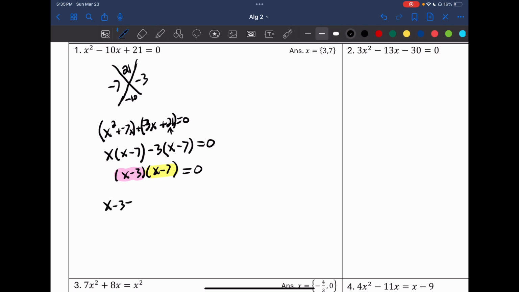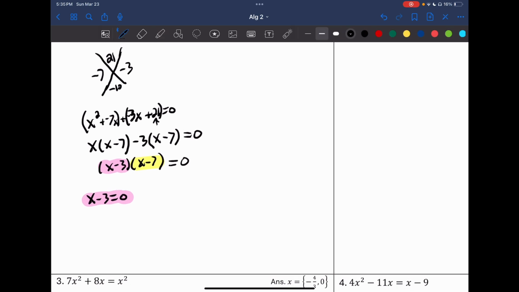If x minus 3 is equal to 0, then the equation will be solved, or when x minus 7 is equal to 0, the equation will be solved. And this is going to happen when x is equal to 3, right? X minus 3 will be 0 when x is 3. X minus 7 will be 0 when x is 7. And so your answer is the set that contains 3 and 7.